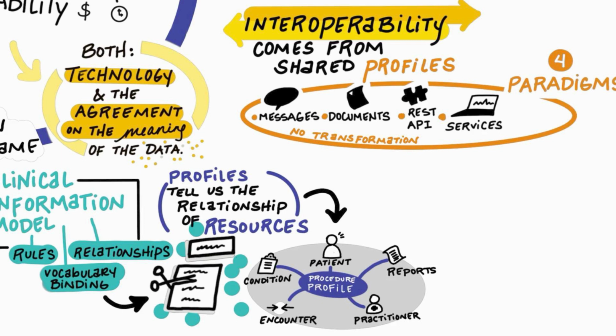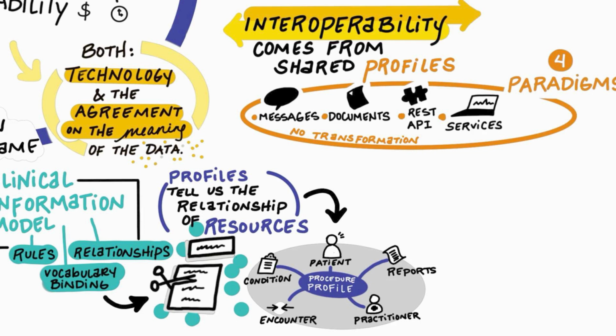There is a patient upon whom the procedure is performed, the patient resource. There is a practitioner, the FHIR resource that represents who performed the procedure. There is, for most procedures, a diagnostic report, the results of the procedure.